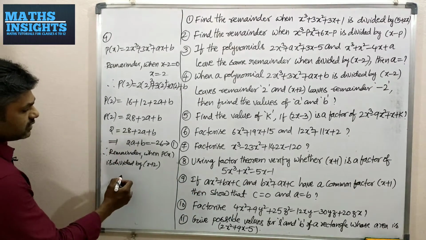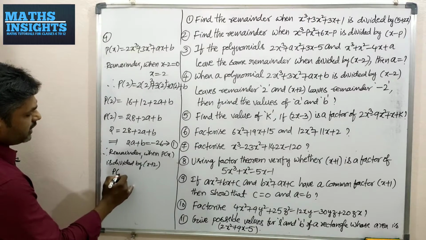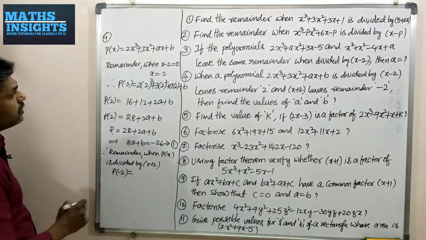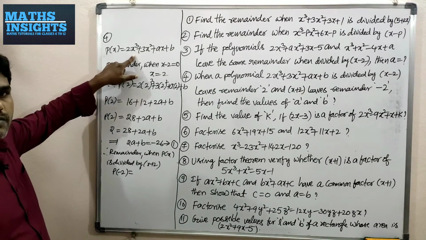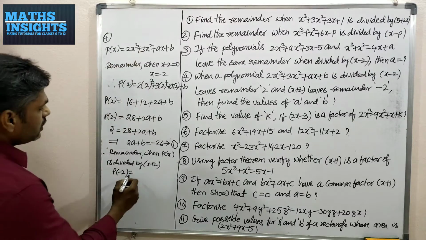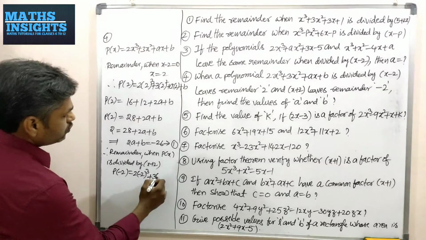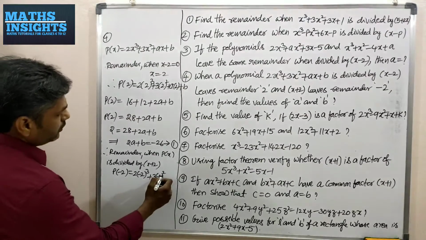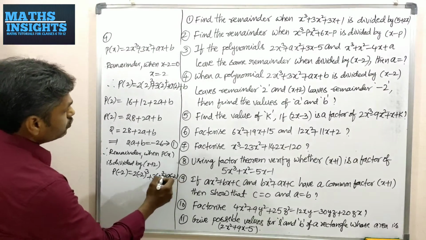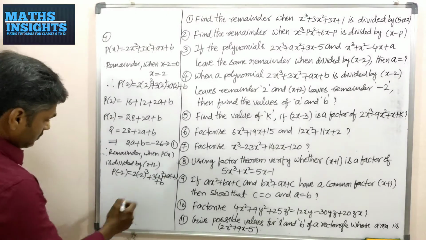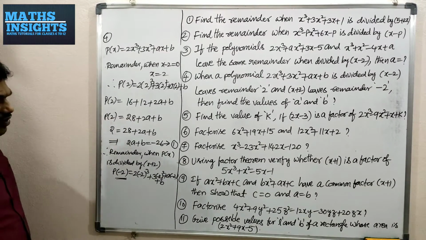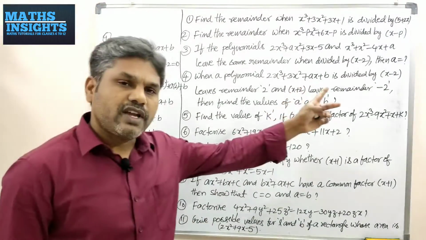I am placing p of minus 2, that is equal to, I am placing minus 2 in place of x. Therefore 2 into minus 2 whole cube plus 3 into minus 2 whole square plus a into minus 2 plus b. This is the remainder, but they have already given the remainder as minus 2.